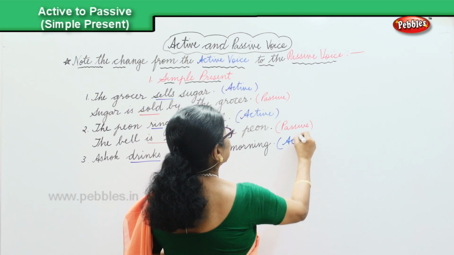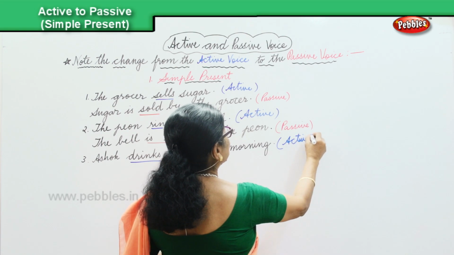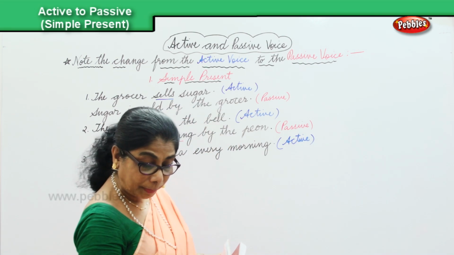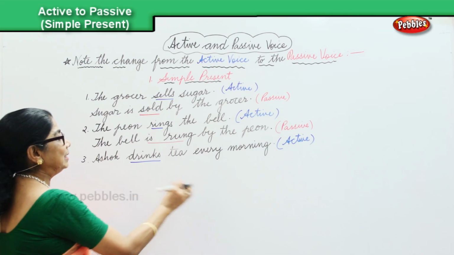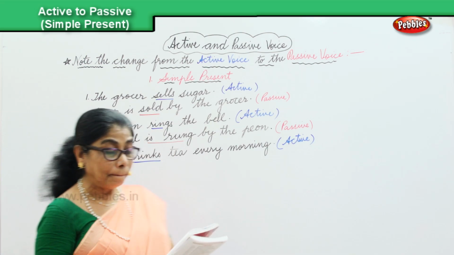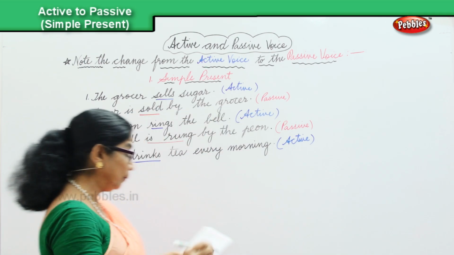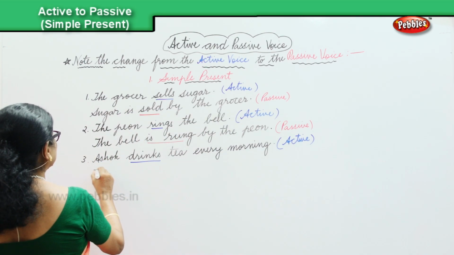Active voice. Now, let's change the active into the passive voice. Let's look at it. Tea is drunk by Ashok every morning. Tea is drunk.